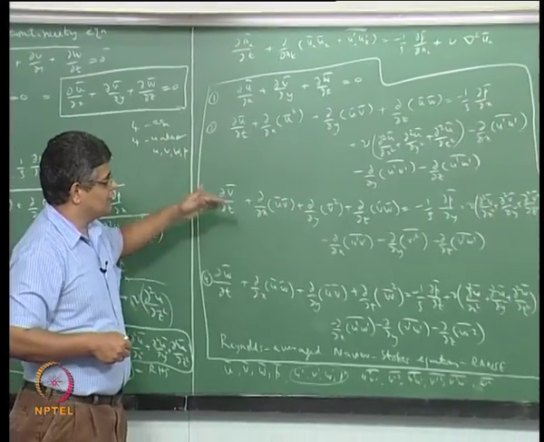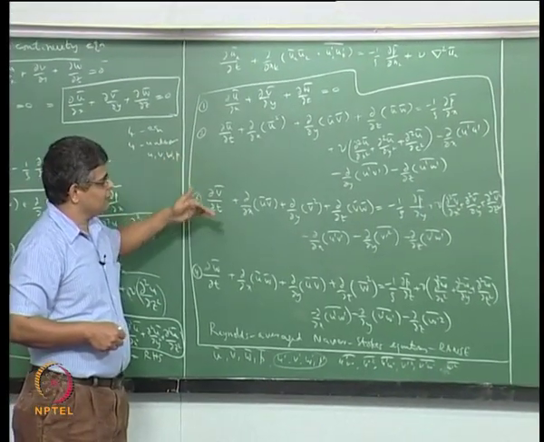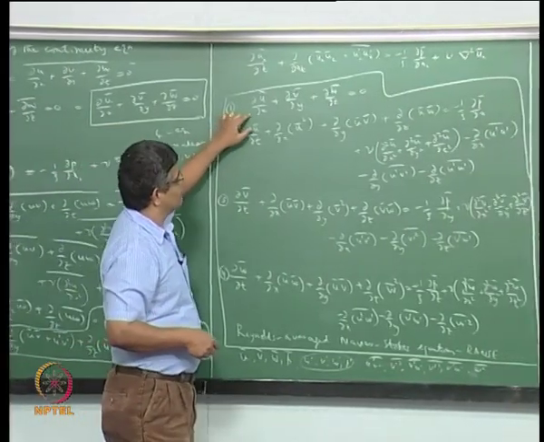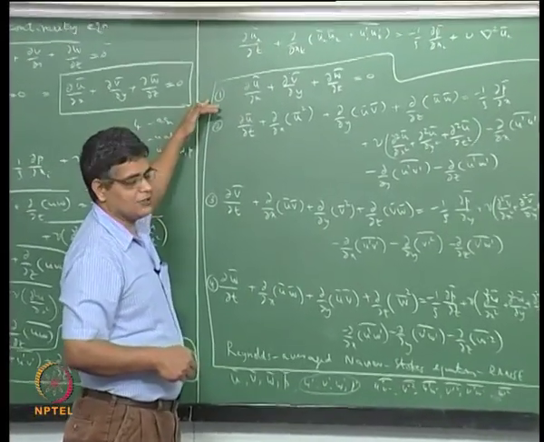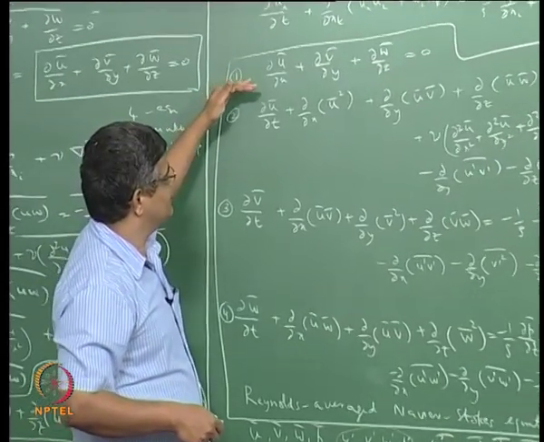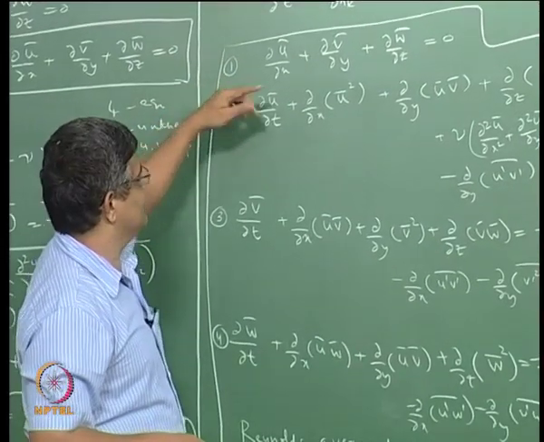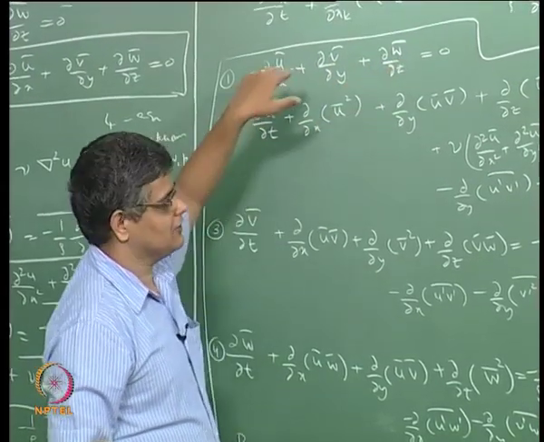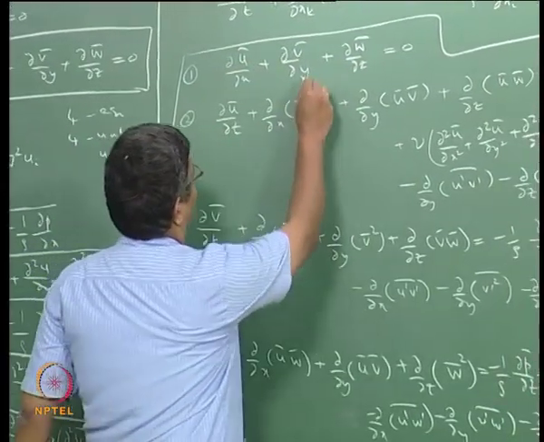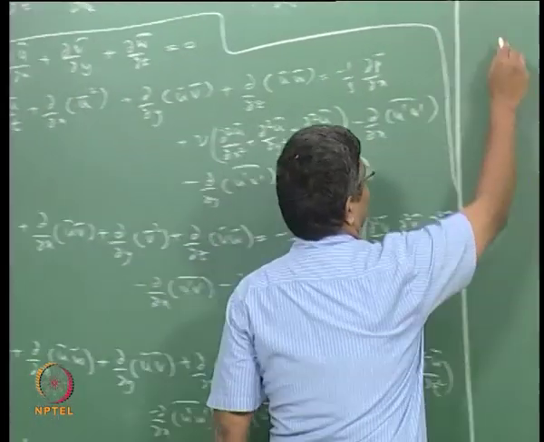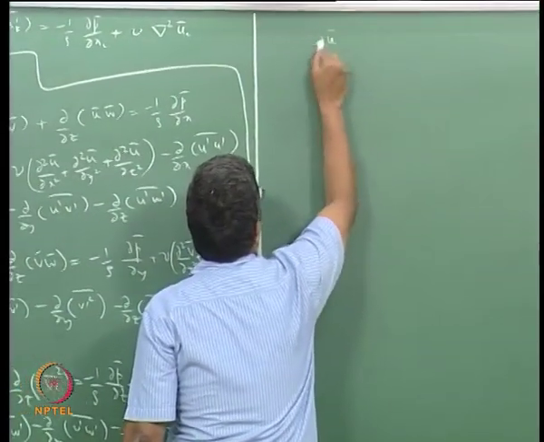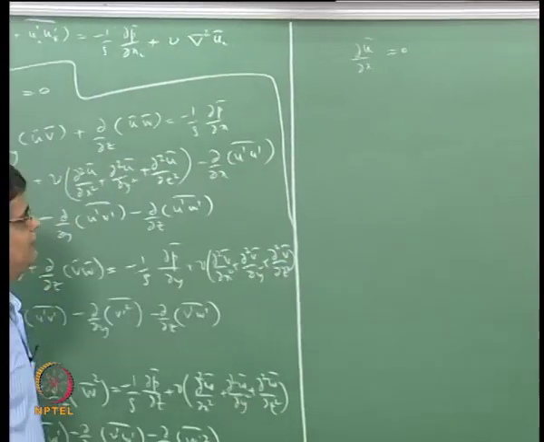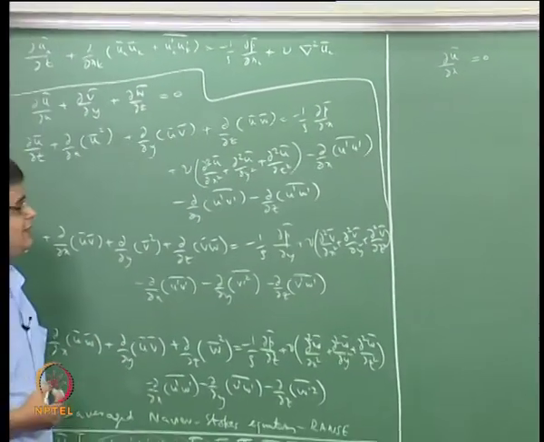Okay, so in such a case we can see what the time average form of the Navier Stokes equations tells us. If the flow is one dimensional, and if there is no time averaged vertical velocity and time averaged velocity in the depth direction, then the continuity equation will tell us nothing but dou u bar by dou x equal to 0, and that is true because we have assumed that the flow is fully developed.